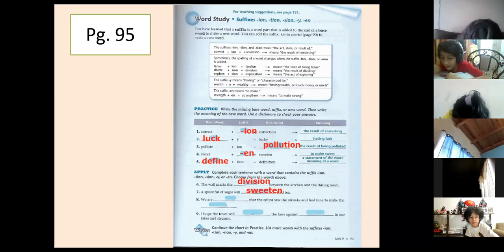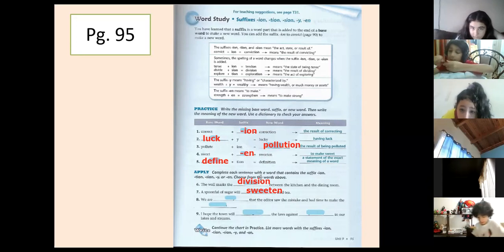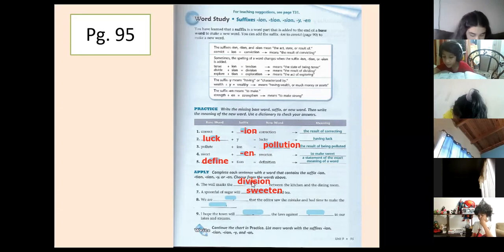Number 8, we are blank that the editor saw the mistake and had time to make the blank. So we have two words to write. For example, when you are going to make something and you are nervous, you say, good luck. So we are lucky.